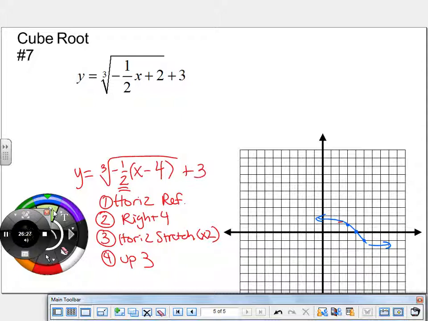So now we're going to do the horizontal stretch by 2. So someone tell me, where should I have a new point to put on my graph? Is the vertex going to change? At the end, after we stretch. Good. The distance between your vertex point and the next point you plotted is going to change horizontally.